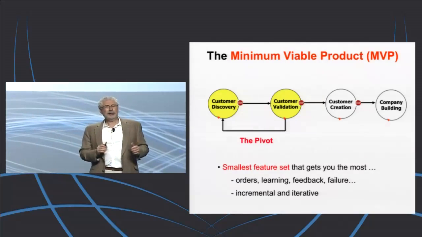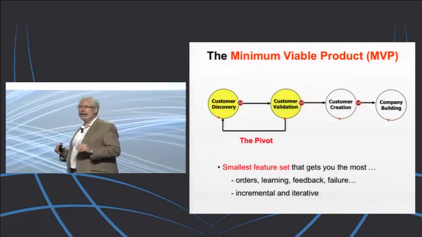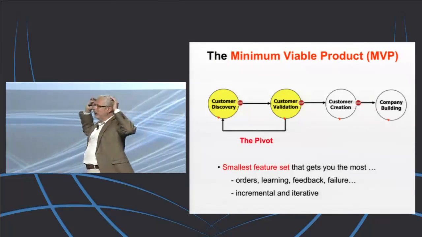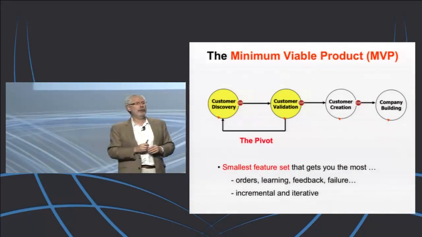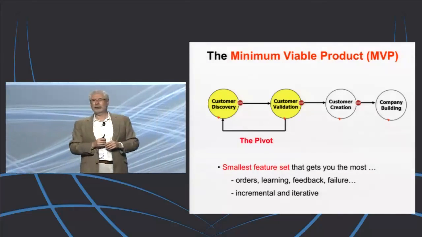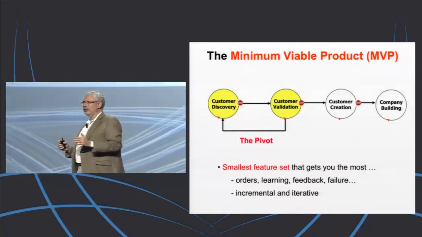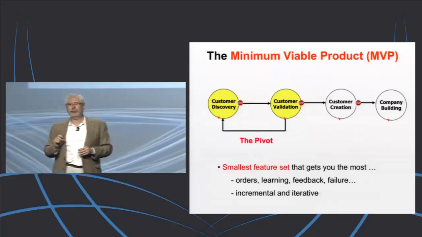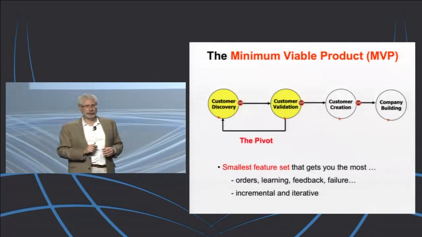Another key idea in customer development is something called the minimum viable product. Instead of building the entire product, putting a whole staff of engineers on it and finishing every possible feature, we're not going to do that. We're in fact going to run experiments with the minimum feature set, trying to get customer feedback and orders, if possible, as early as possible.